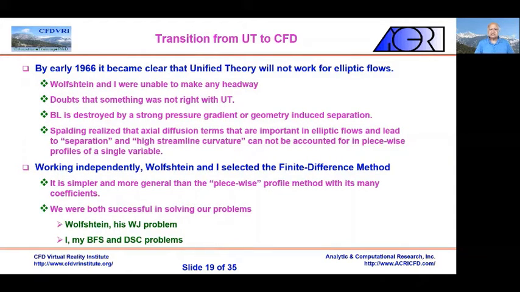Spalding realized then that the axial diffusion terms that are important in elliptic flows are ignored in parabolic flows. It is those terms that are leading to separation and high streamline curvature.